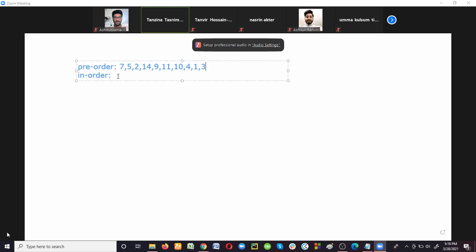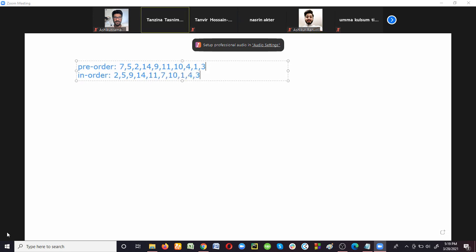Okay, and what is the sequence we follow in in-order traversal method? At first left, then root, and then right. Okay, so suppose the sequence is 2, 5, 9, 14, 11, 7, and then 10, 1, 4, and 3.